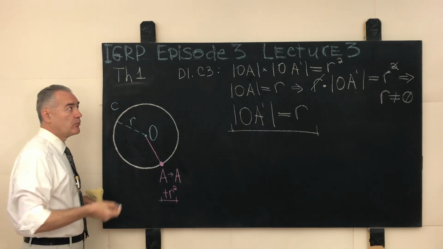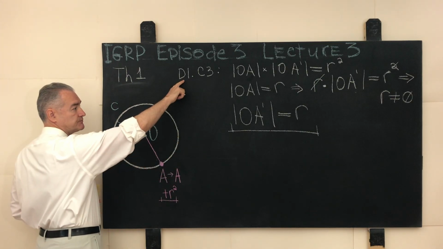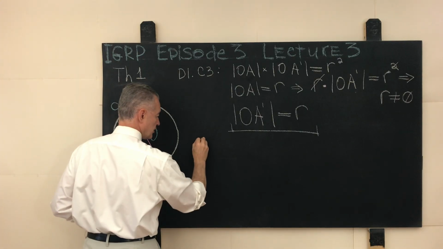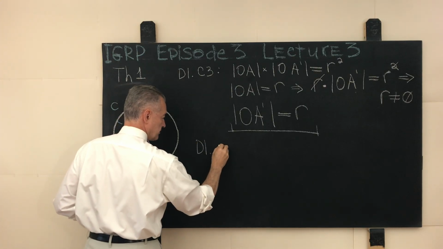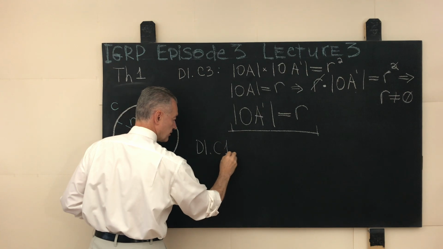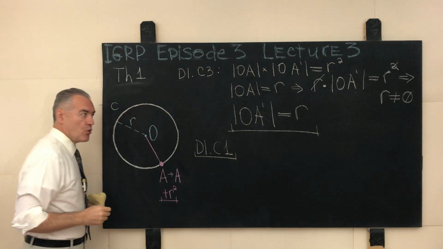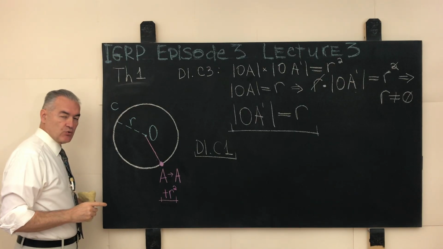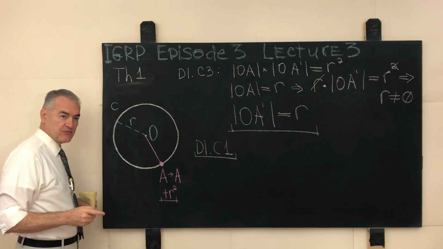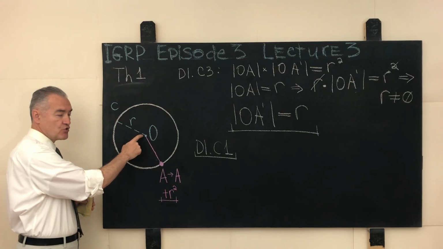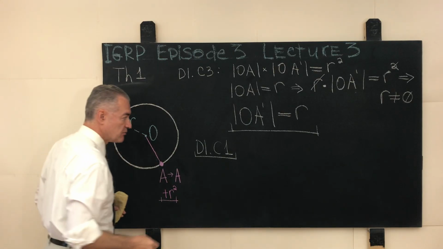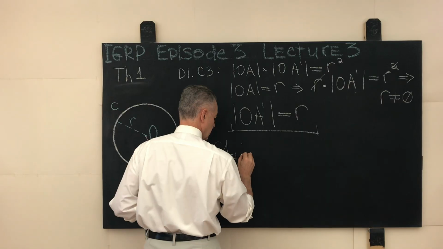However, now we go back to our definition 1. And recall condition number 1. According to this condition, the pre-image point, the image point, and the center of inversion must be what? They must be collinear. That was one of the requirements that we stipulated.